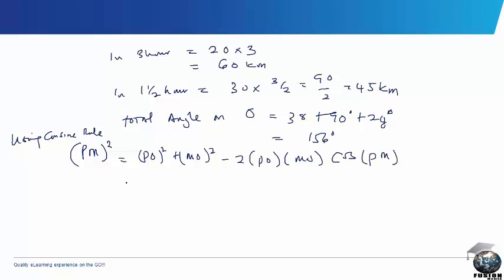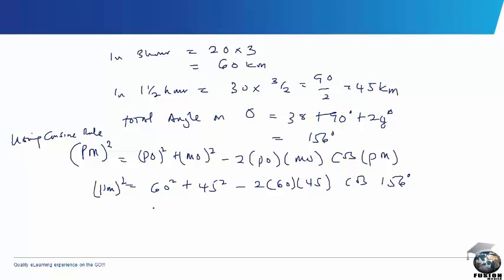We're given that PO and MO are 60 squared plus 45 squared respectively, minus 2 times 60 times 45, cos 156, because that's the angle facing PM.